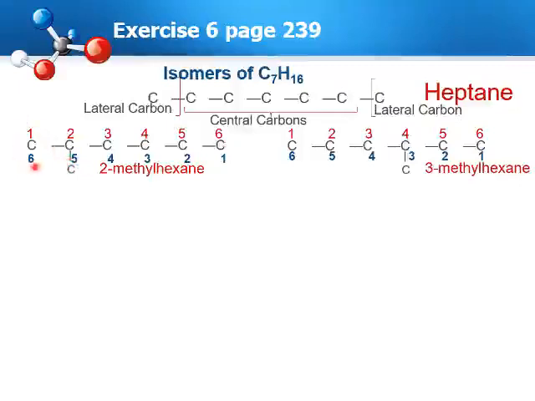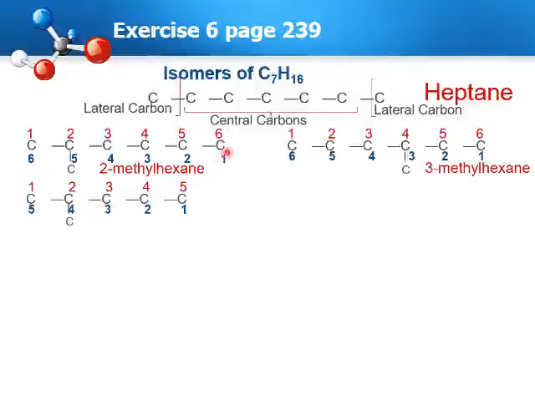When taking off this carbon, the main chain would remain at 6 carbon atoms. So we must take the lateral carbon here, and we obtain a main chain made up of 5 carbon atoms, and the branch is still in its place.